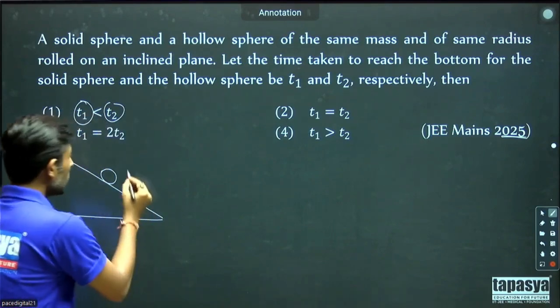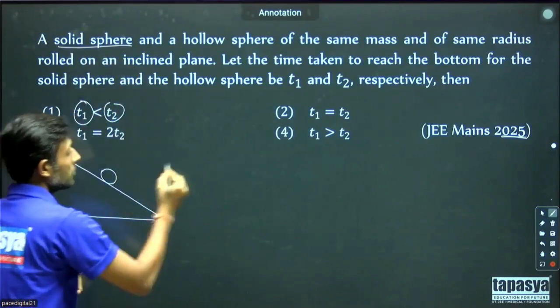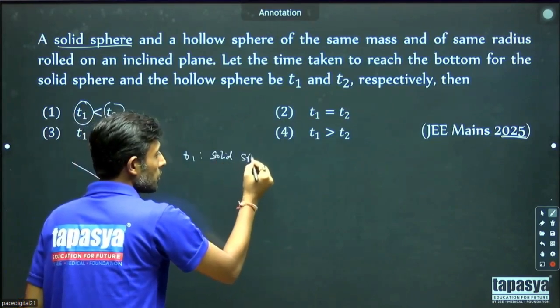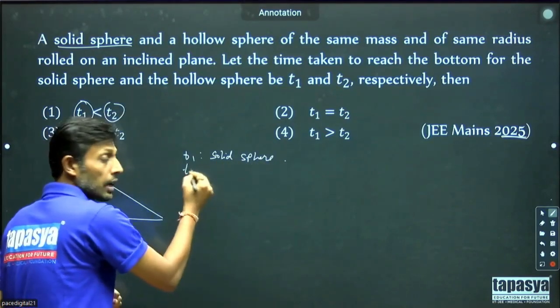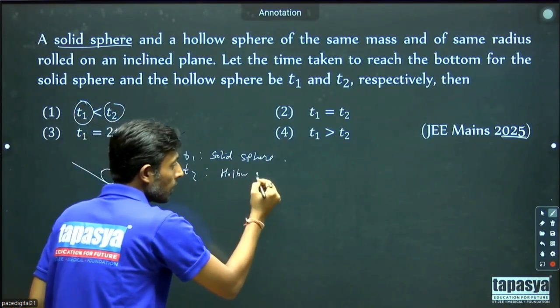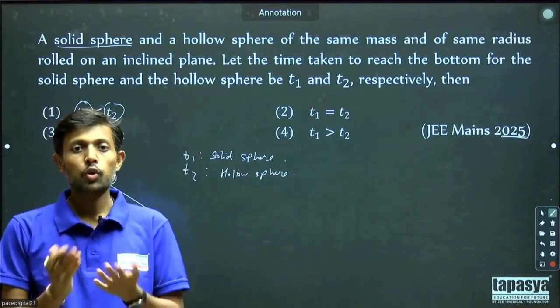So T1 is the time taken by the solid sphere. T1 corresponds to the solid sphere, and the time T2 corresponds to the hollow sphere. And what is the expression for time? How do we get that?